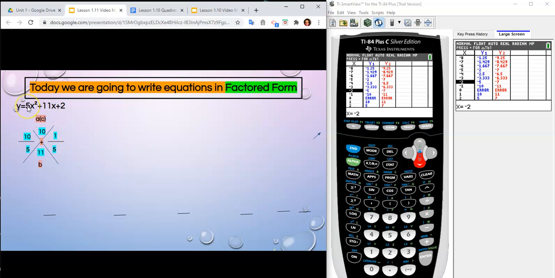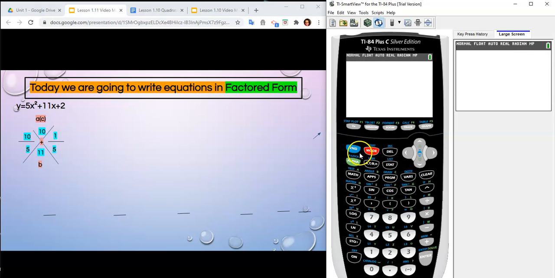So if this was 3, I would divide it by 3. If it was 6, I would divide it by 6. So I divide both of these by 5. Now, when you divide by 5, basically you have 10 divided by 5. If I'm not really sure, I can go back to my calculator and put this in just to be on the safe side.